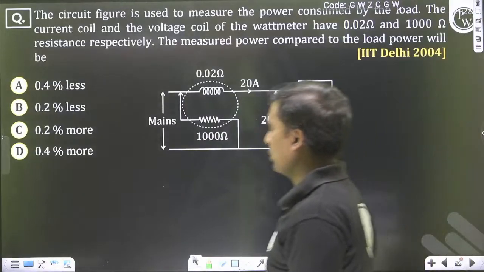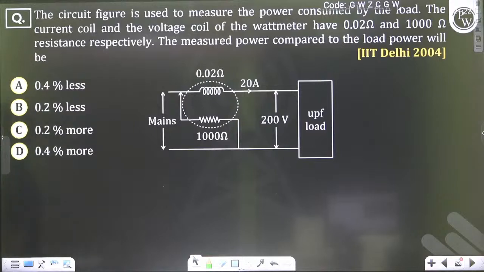Try to answer this question. IIT दिल्ली 2004 का सवाल है.